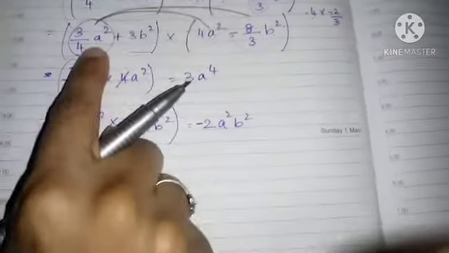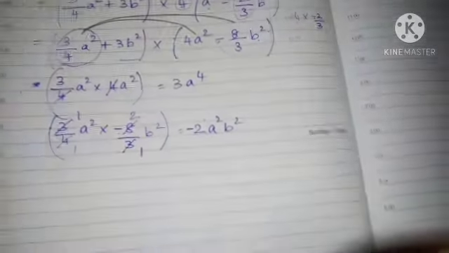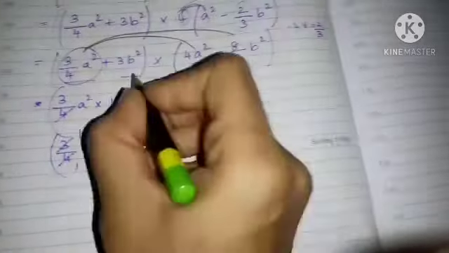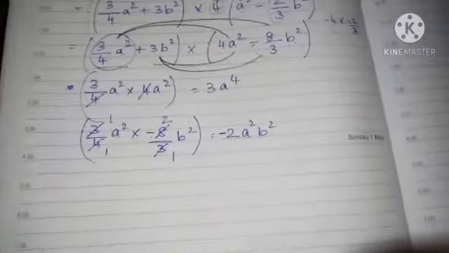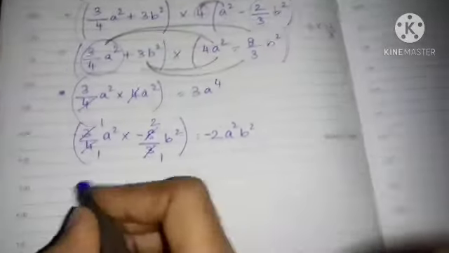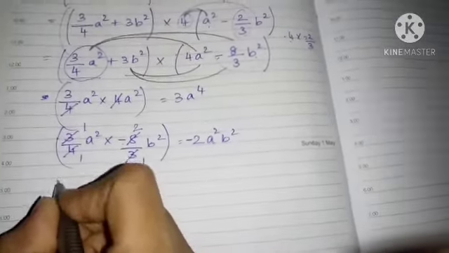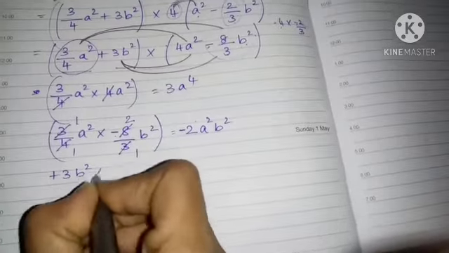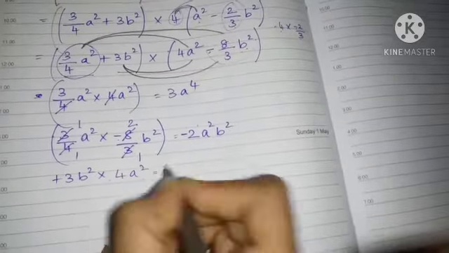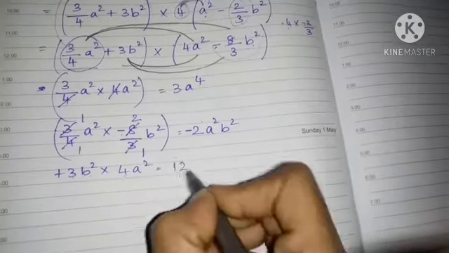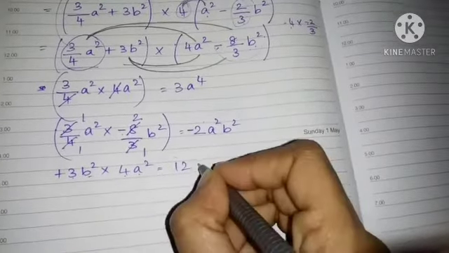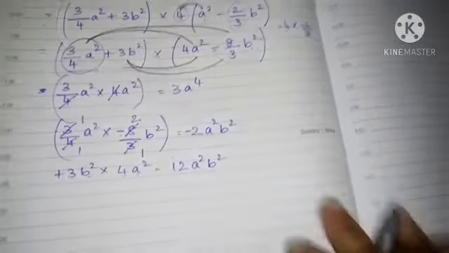Now this term got over. Next 3b square. 3b square multiplied with 4a square and then it is multiplied with minus 8 by 3b square. So now plus 3b square into 4a square. Is there anything to cancel? No. 3 4s are 12, b square a square or a square b square, anything it is same.